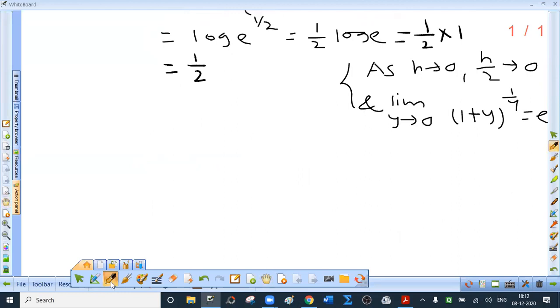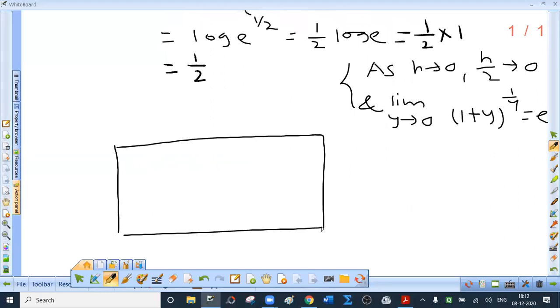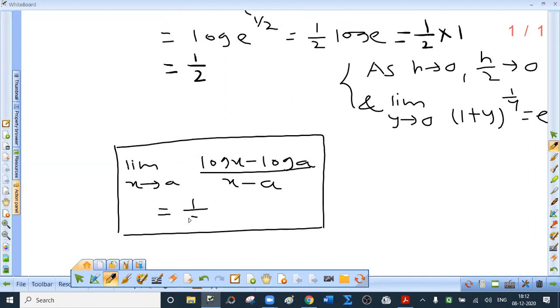For CET, you can remember this as a standard result. Which one? Limit x tends to a, log x minus log a upon x minus a is nothing but 1 upon a. So when I say log a, it clearly shows that a is greater than 0.